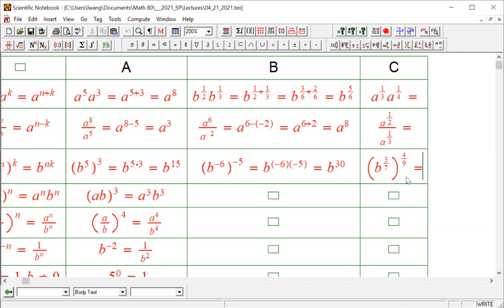Now, I want you guys to try these yourself. Please do, on your paper and pencil, with the examples on the screen that you have written down in your notes. So please try these.